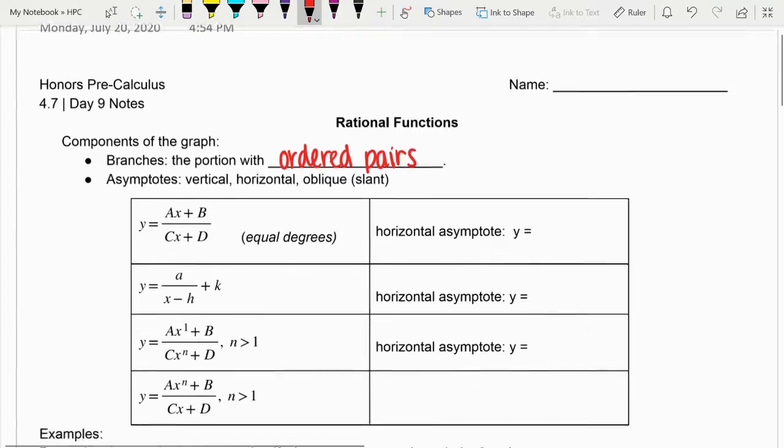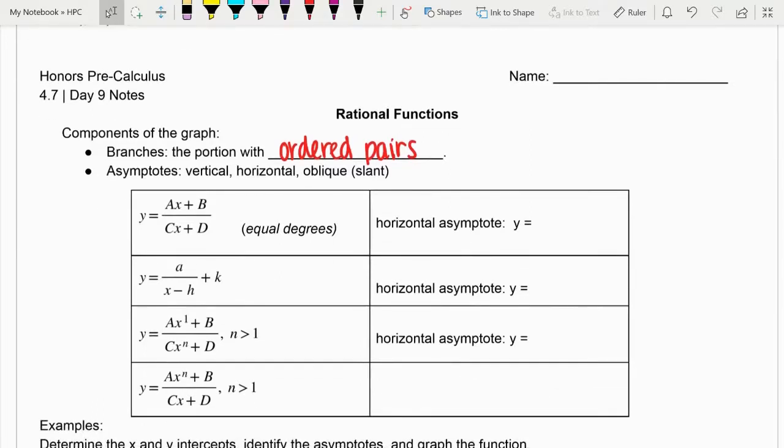All right, so we are going to first have 4 different cases. I am going to label this as A, B, C, and D. I just think it'll be easier when we go through the examples. We can refer back to example A, B, C, D, and so forth. So in example A, we have y equals ax plus b over cx plus d. So if you notice, this is equal degrees.